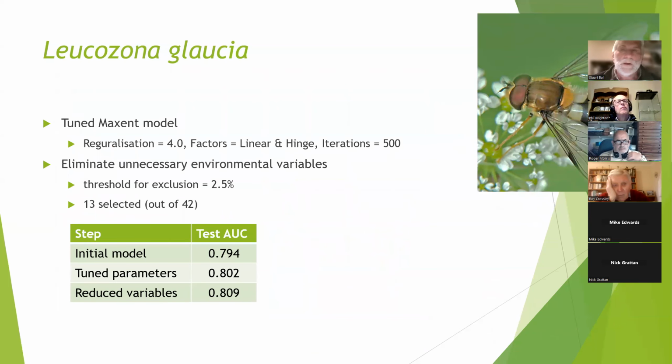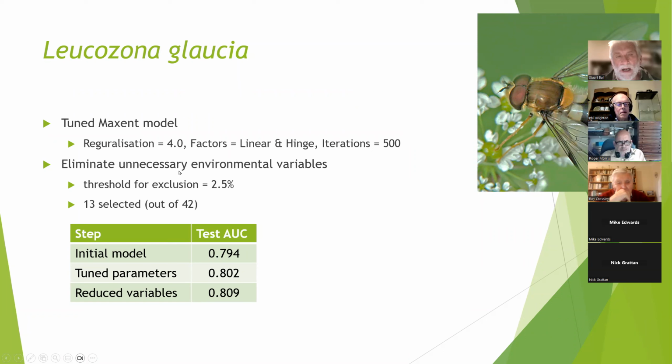So you'll remember the last session we looked at how we could try and optimize a model to get the best fit. So I did that. I ran the stuff we did a fortnight ago, and I tuned the Maxent model, and I eliminated unnecessary environmental variables. And what I ended up with is a tuned model with these parameters, regularization of 4, factors of linear and hinge. This is a Maxent model we're looking at, and 500 iterations.